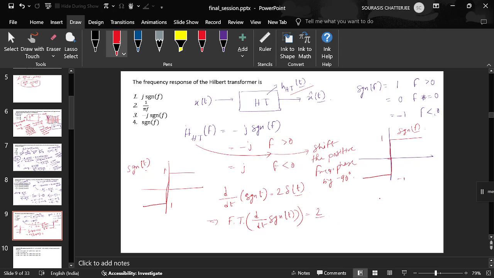Now we already have the Fourier transform of the Hilbert transform as follows: minus j sign f.